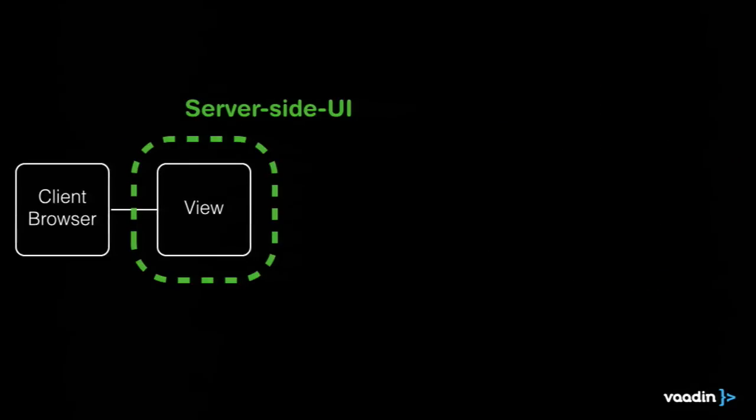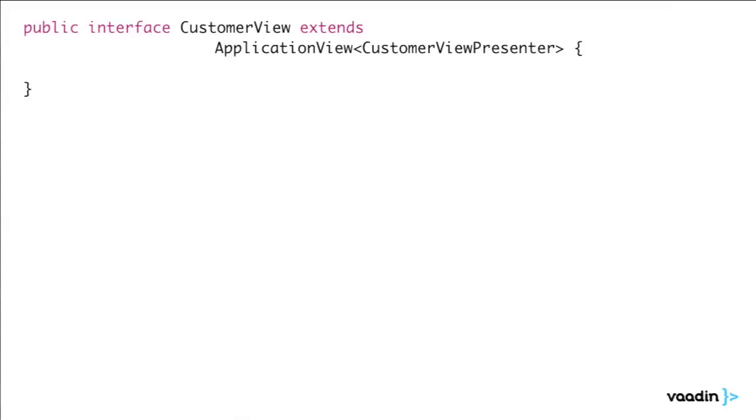And if we start from the view, it would actually be something like this. So you have an interface of, well, the mentioned customer view, and you might have some kind of an abstract interface that allows you, for example, to generically type the presenter. So the customer view is expected to be used with a customer view presenter.